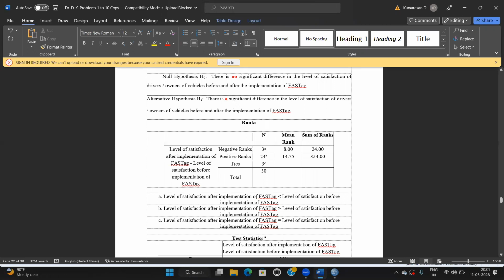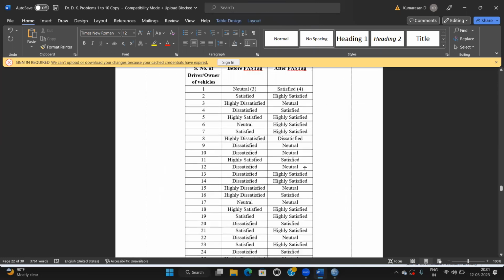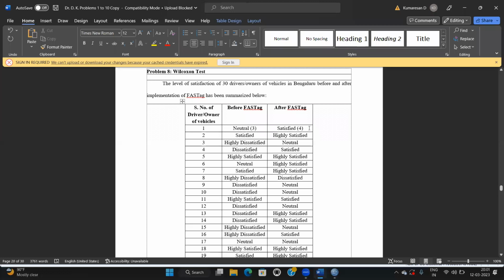See what is after? 4. What is before? 3. So after score is greater than before score.